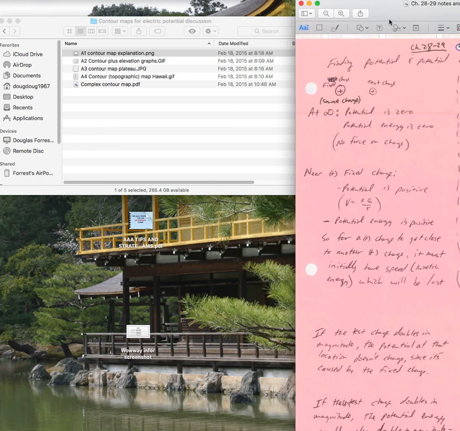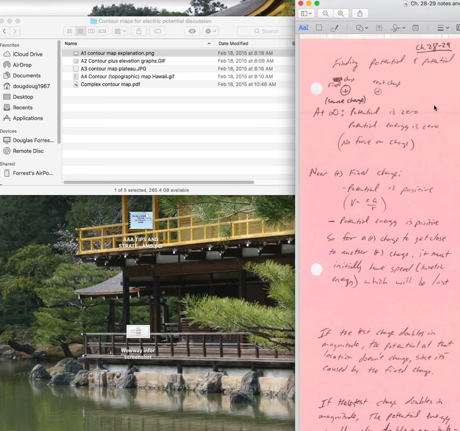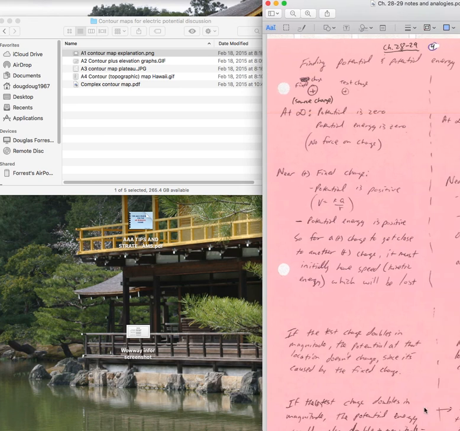In this particular case, that also means if this is the fixed charge, then at an infinite distance away there would be 0 electric potential as well. Now if we move this from really far away, let's say I'm down here, and move it close to the fixed charge, the potential is positive.